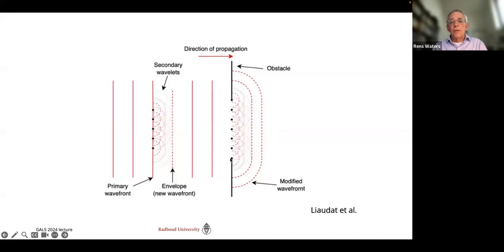In this case, the obstacle is, for instance, the telescope mirror, which is this size here. But in principle, what this diagram tells you is how diffraction works. So we see that these wavefronts then start to carry on, and we have a modified wavefront behind this obstacle.